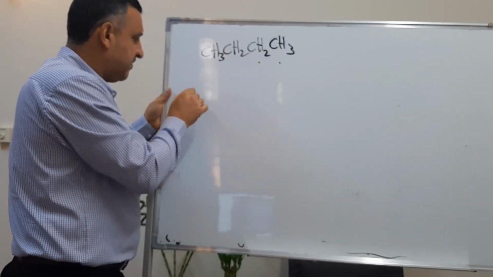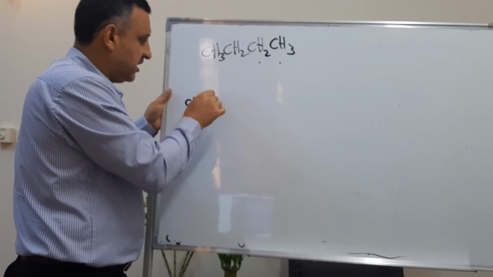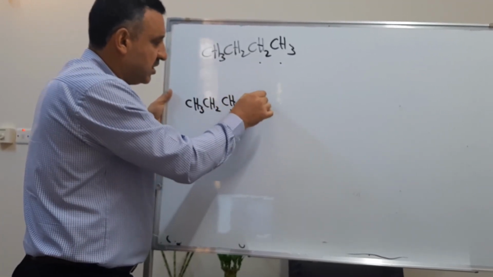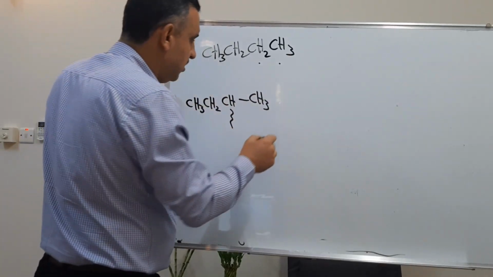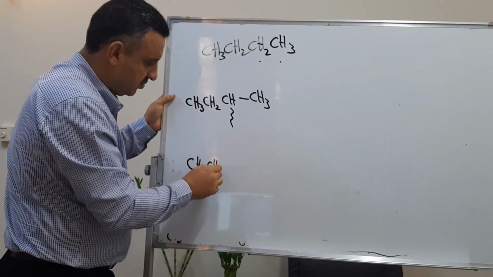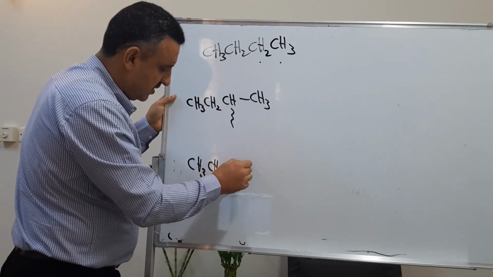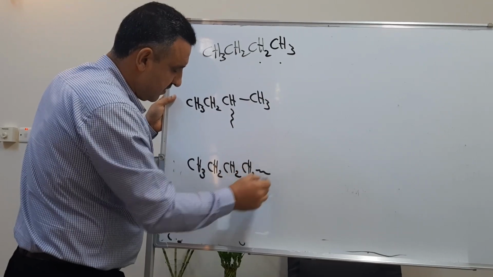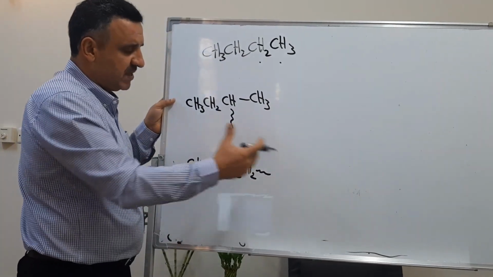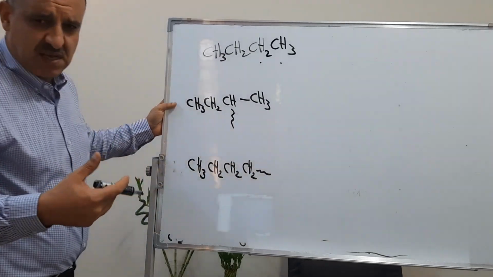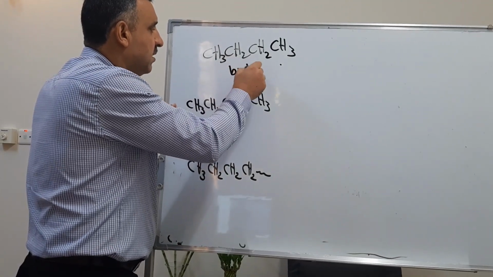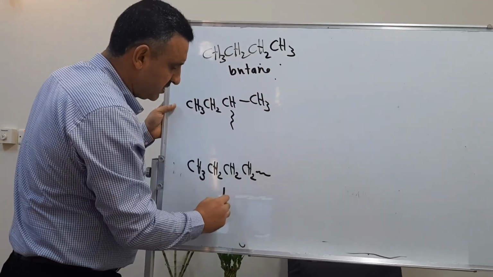We may have CH3, CH2, then CH attached from this side to another chain, CH3, or we may have it from the end of the chain, CH2, CH2, CH2, CH3. So this one, always from the end of the chain, we just replace the "ane" with the "-yl". This was butane, so this here will be butyl. That's it.